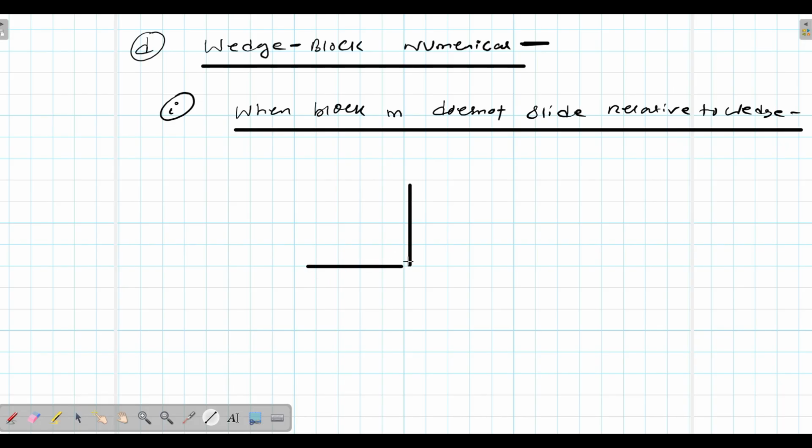So this is the wedge. Wedge mass is capital M. This is small m.